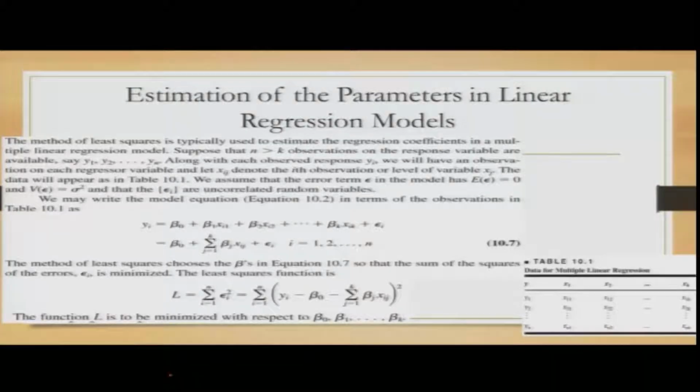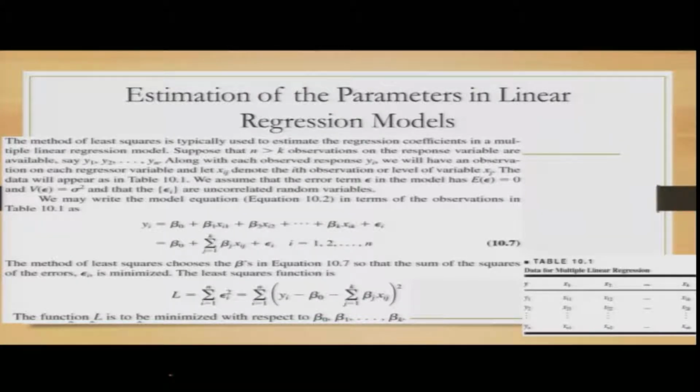The epsilons are uncorrelated random variables, they are not related to each other. We may write the model as yi is equal to beta naught plus beta 1 xi1 plus beta 2 xi2 plus beta k xik plus epsilon. So you put it in this form.